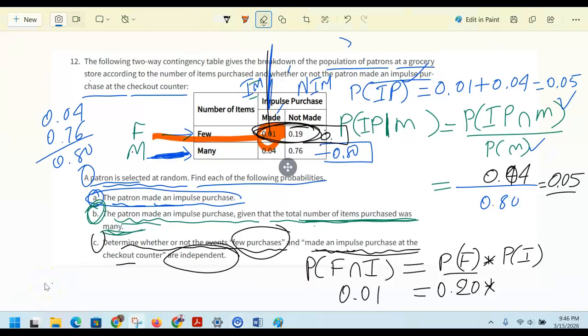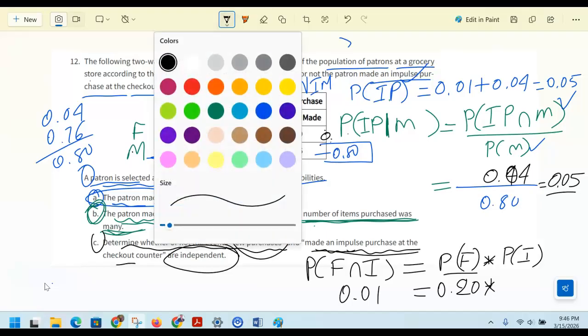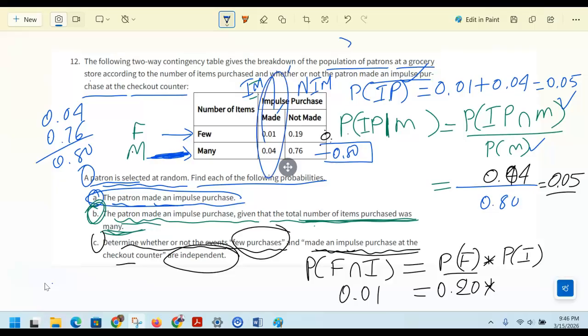So impulsive will be together. This is the impulsive, right? So the total of these two is 0.05. So that means 0.0. Now when I say this, it means I am impulsive purchase.